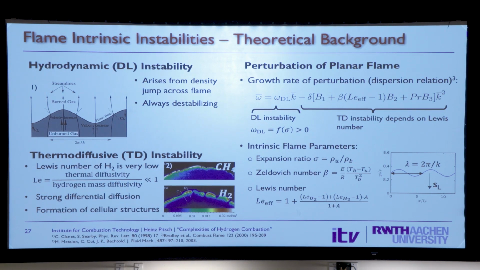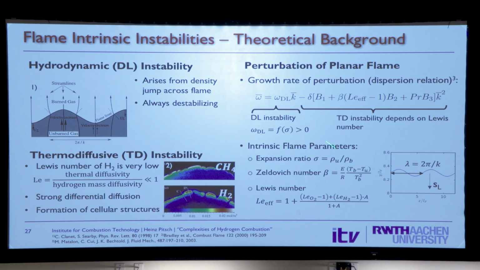And that will become important again. And then the second term here depends on Lewis number. If the Lewis number is larger than 1, this is actually positive, and it becomes a stabilizing effect. It will make the growth rate smaller. And if the Lewis number is smaller than 1, then the whole thing becomes positive, and it leads to an instability.